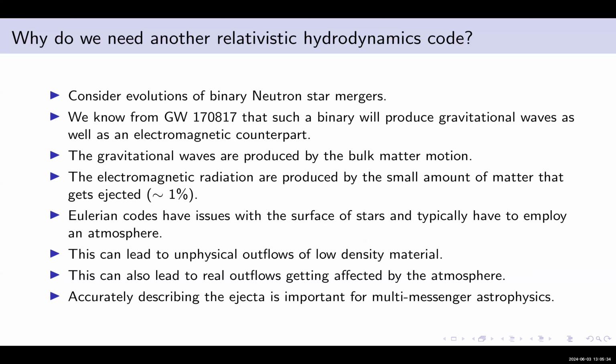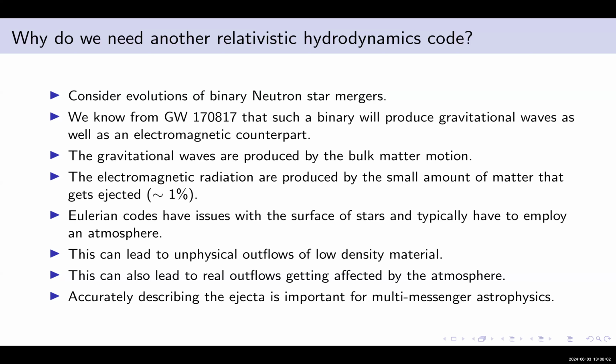We know from the famous merger GW170817 that for the first time we actually had a multi-messenger event including gravitational waves. Such binaries will produce both gravitational waves and electromagnetic counterparts.